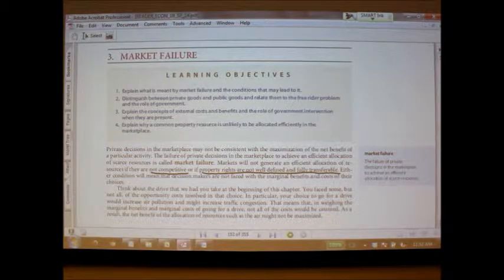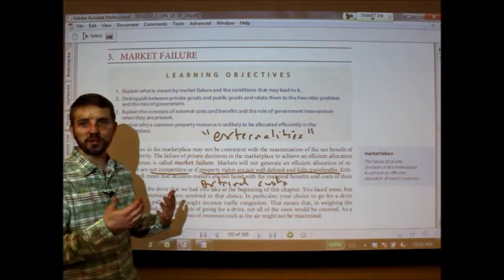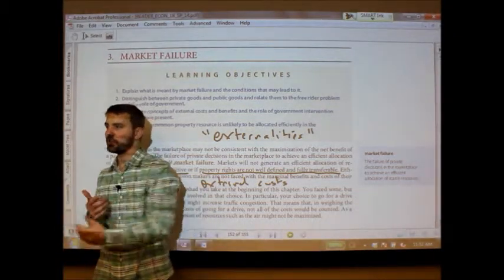And then we'll also look at external costs, also called externalities. So what's an externality? Well, it's when the action of one person negatively affects another person.